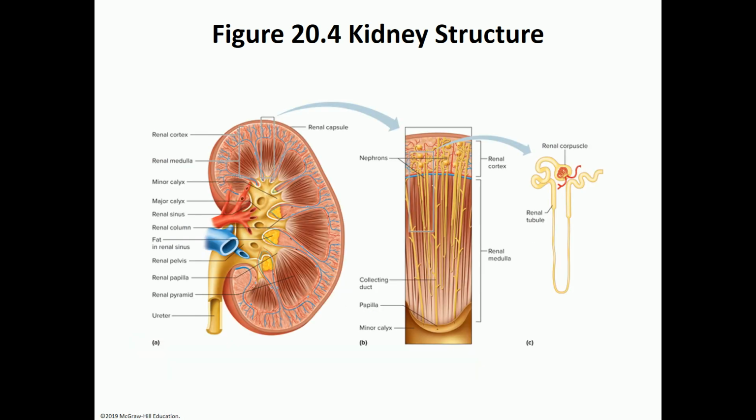Here again, you can see the structure of the kidney, and we're going to take a slice of the cortex with the medulla and enlarge it to find out what all of those lines are that we're looking at. Those lines make the building blocks of the kidney that is known as the nephron. So the nephron is again the structural and functional unit of the kidney.